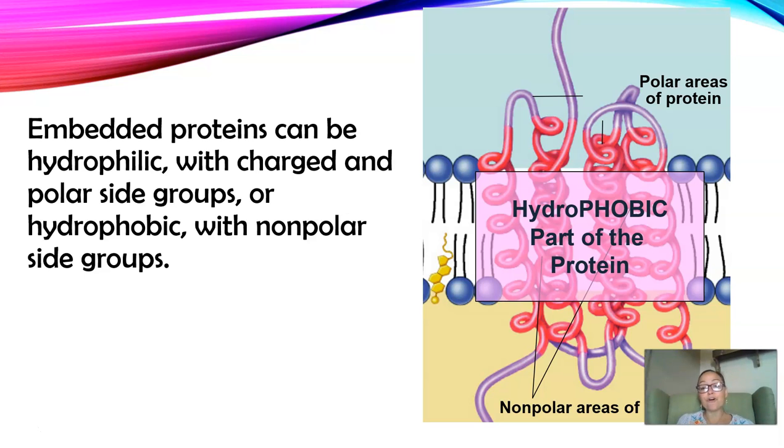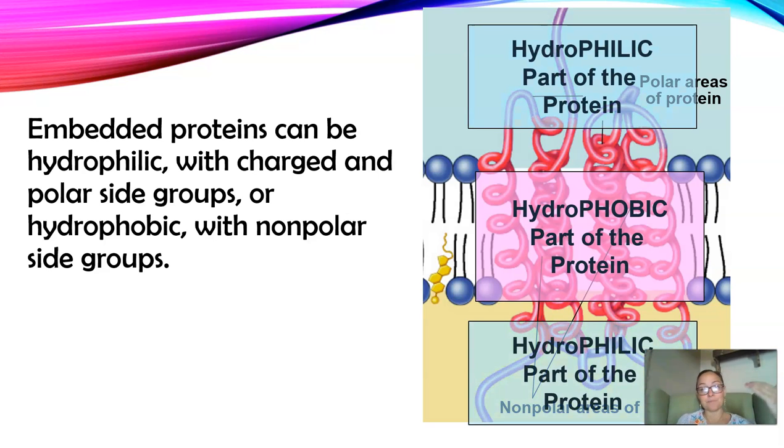So the hydrophobic part of the protein is the part that you find within that fatty acid region. You can imagine that the amino acids on the outside of that protein will be hydrophobic, because if they were hydrophilic or polar, they'd repel in that region.